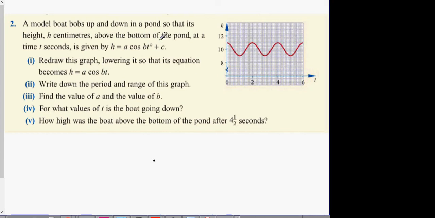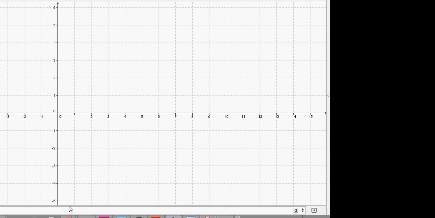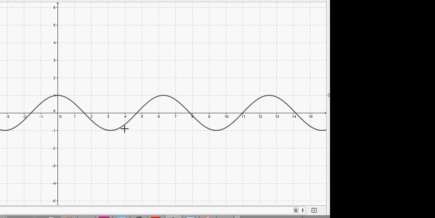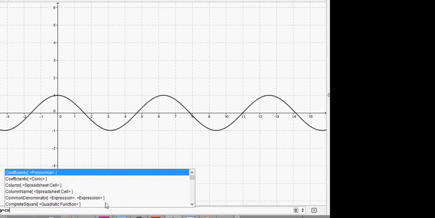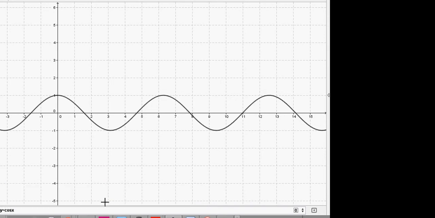Now guys, what this has the effect of doing, look at this. If I do a graph, and this first graph is y equals cos x, we can see that it goes up and down above the x-axis. If I do cos x plus 10, and I put a number at the end like plus 10, look what happens.